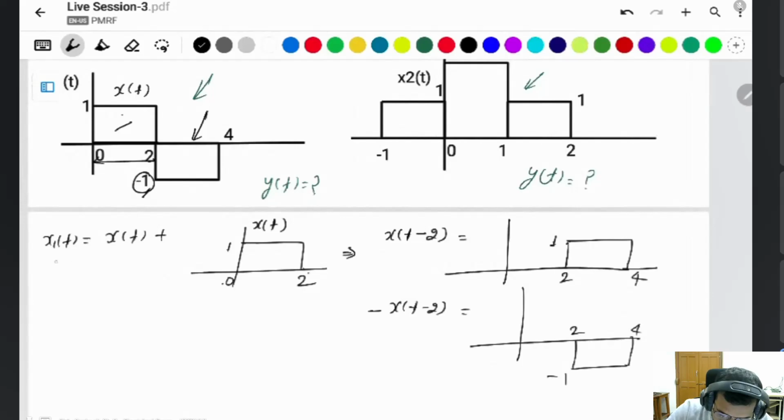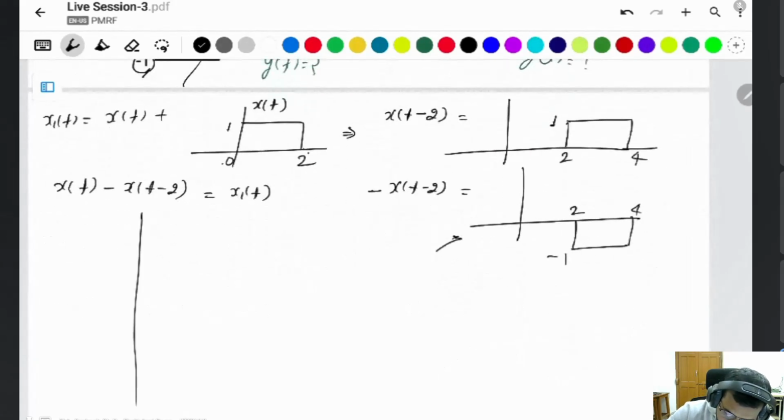Same thing, if you add this signal and this signal, then we will find this one. Then you can say x(t) minus x(t minus 2), you have x1(t).